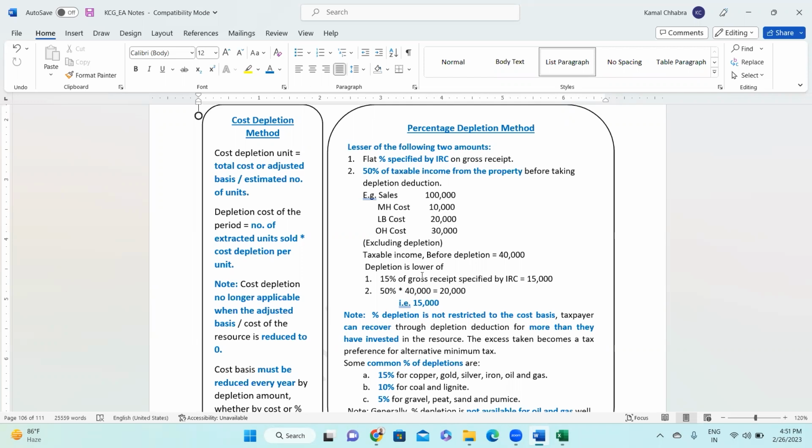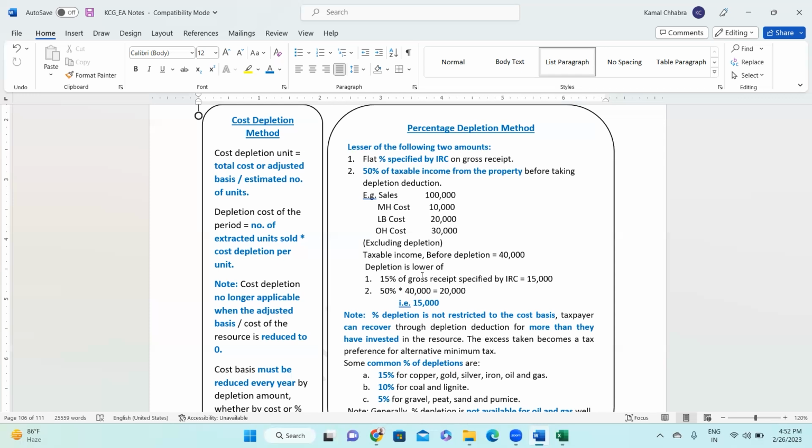How much is it? $15,000. The second option is 50% of the taxable income. How much is the taxable income before depletion? 40,000. 50% of 40,000 is 20,000. So you need to select the lower of these two amounts. Which one is lower? 15,000.